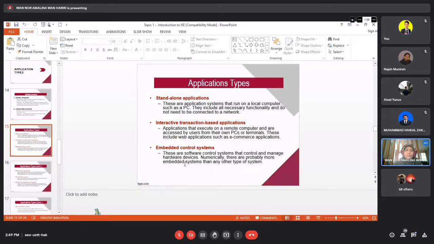Right? Then we also have the embedded control system. Ini selalunya it's an integration between the electrical engineering, us, the computer specialist, probably some people from mechanical as well. Because they are the control systems that control and manage hardware devices.